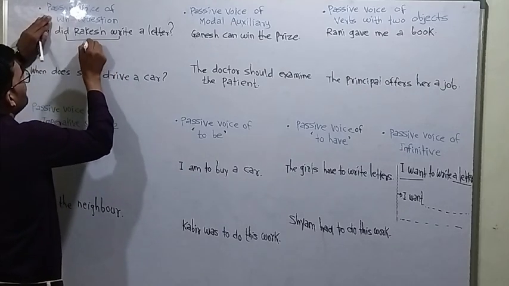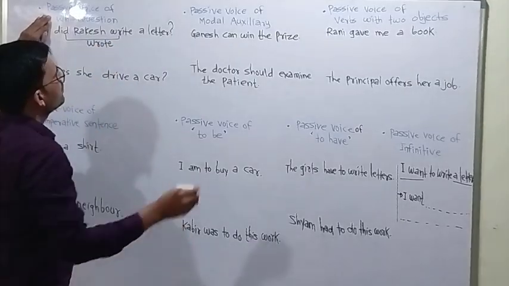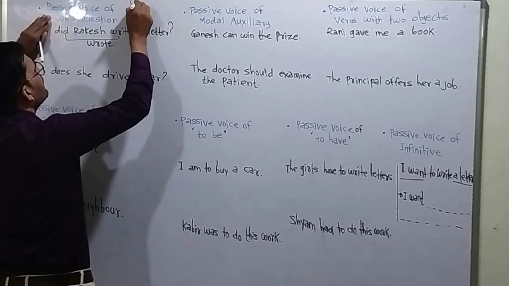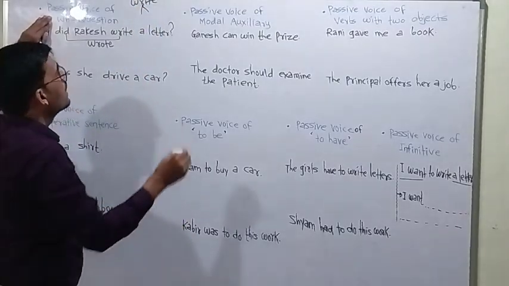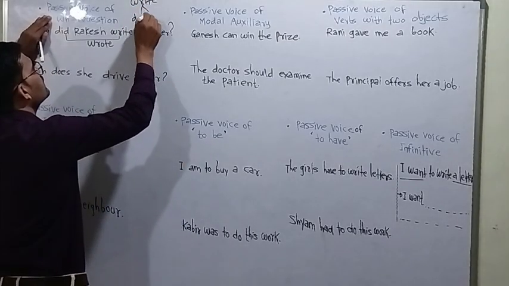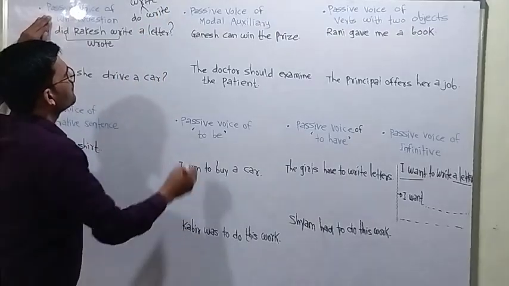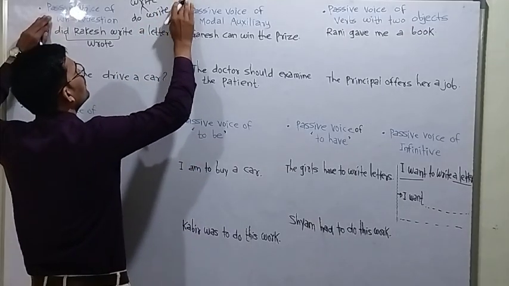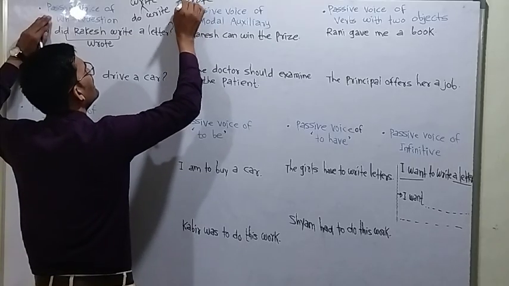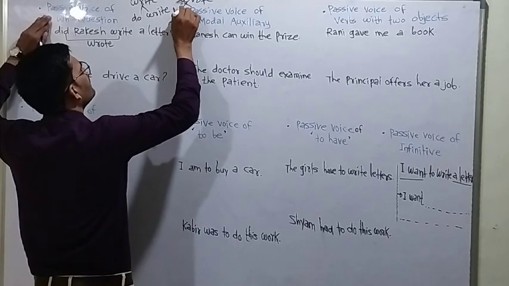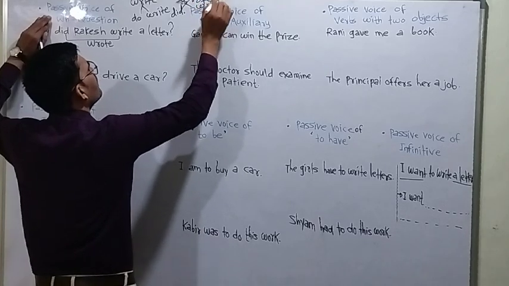It is called wrote, W-R-O-T-E. If there is write, the classification of these two is do write. Okay, if there is wrote, we may classify it as did write. That is the classification.